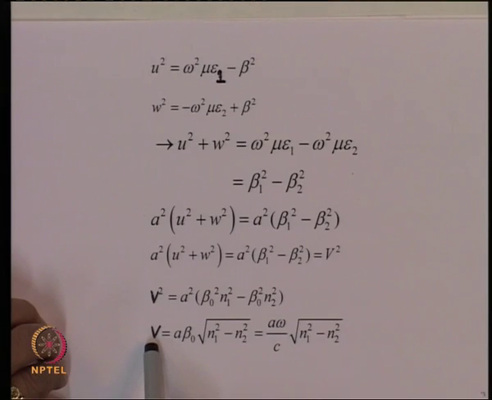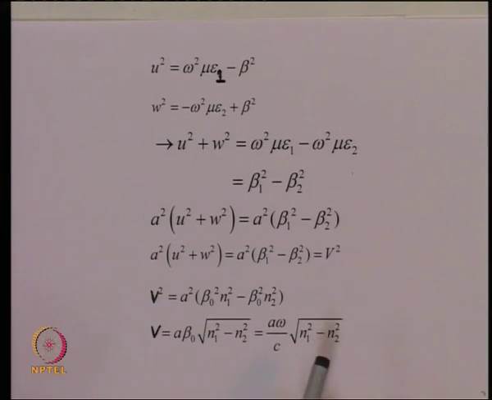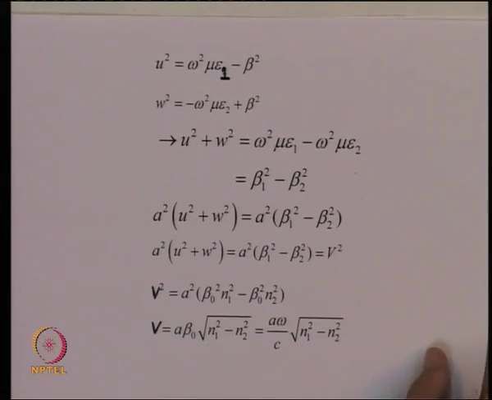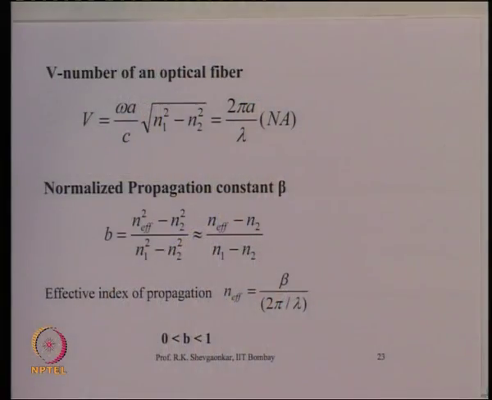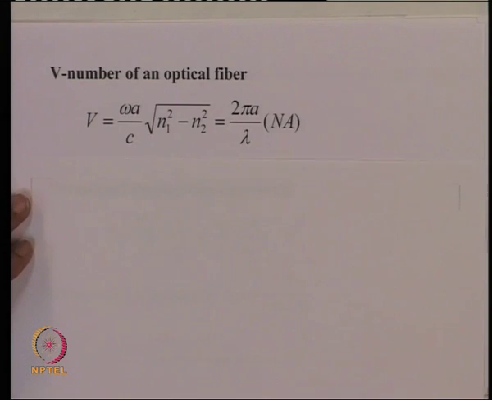You get this quantity V, which is a omega upon c times the square root of n1 square minus n2 square. Realizing that the square root term is nothing but the numerical aperture of the optical fiber, we can define this characteristic parameter, which is called the V number of the optical fiber.